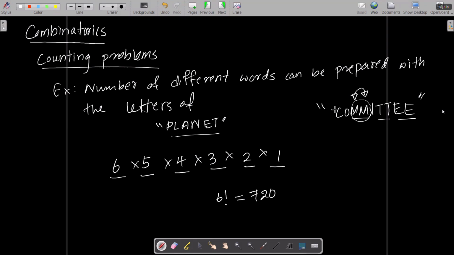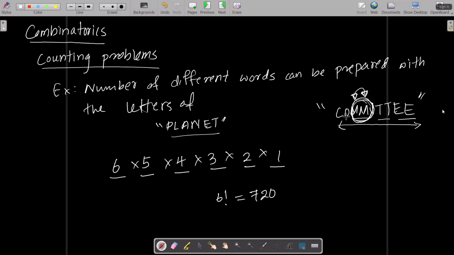So for every permutation like this, we will have 2 copies because we have 2 M's. The algorithm will try to make 2 different words by interchanging them, and we need to correct that.